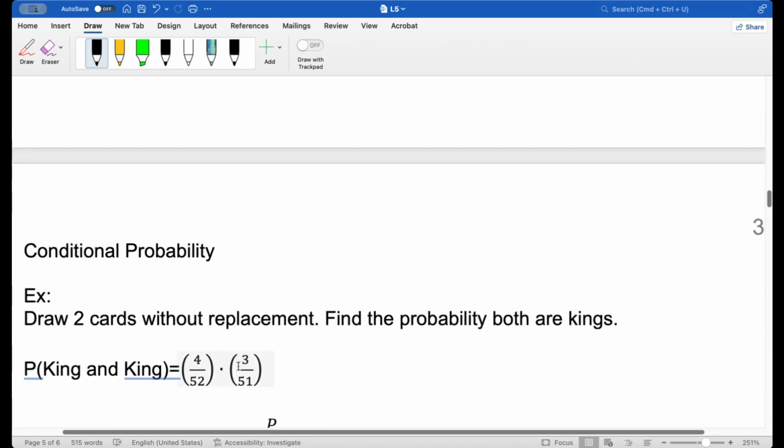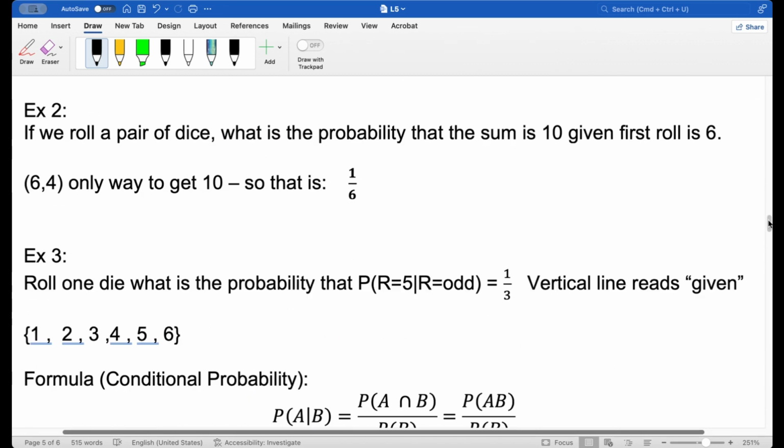This 3 out of 51 is essentially a conditional probability after the first king is removed. The second king has an altered probability. In this particular context, I think of it as the trials failing to be independent, because the card is not put back.